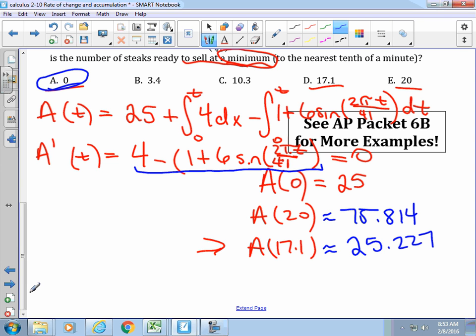You got 6 instead of 1 plus. Can I see your calculator? You got the 25, right? Alright, let's see.